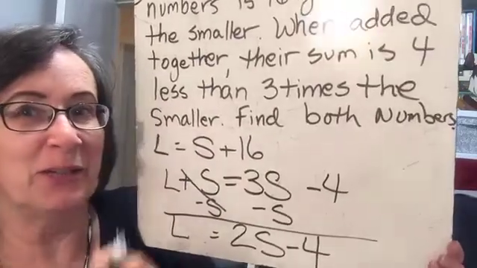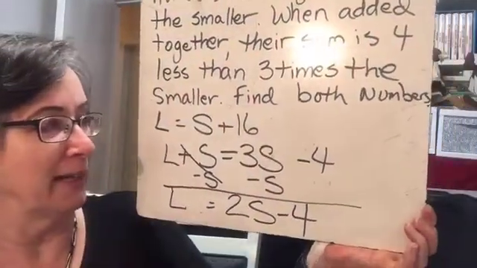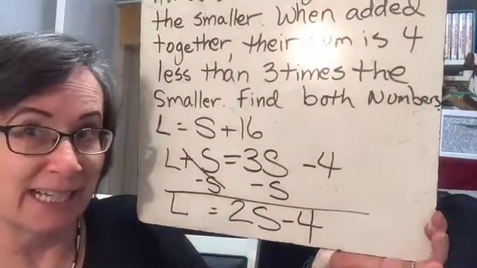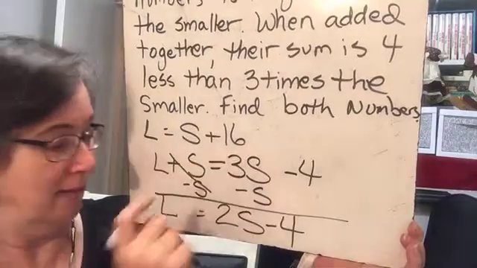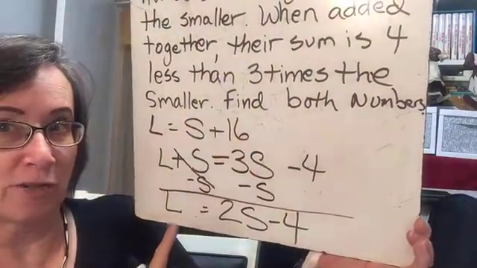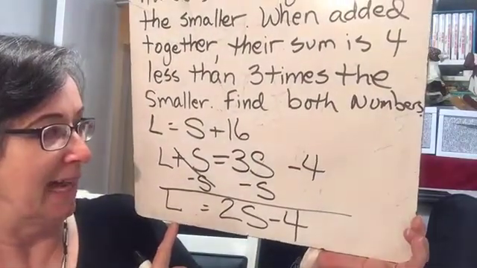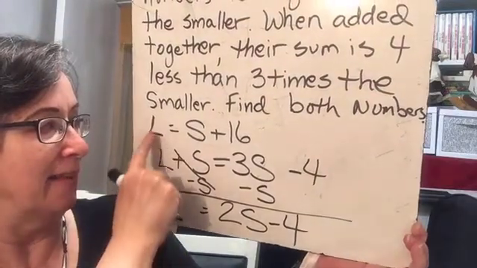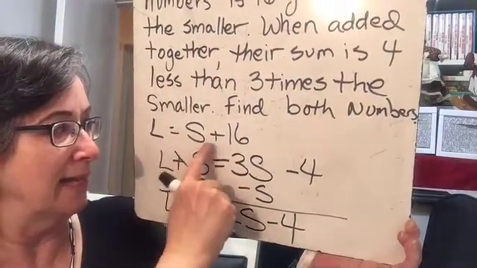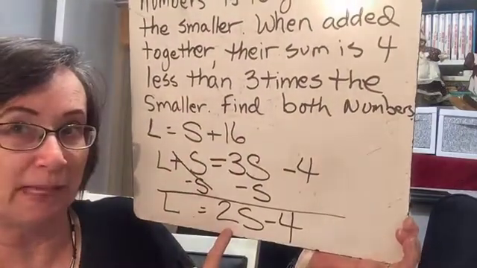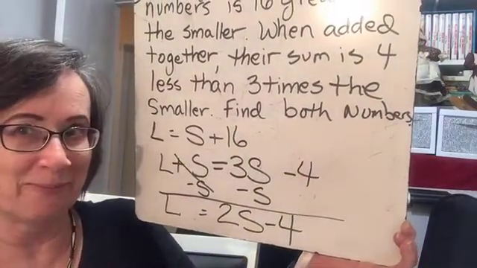Now, I'm going to use a little trick that we haven't done yet today. Since I have an expression for L, and I have another expression for L, can't I set this L equal to that L, which means that this S plus 16 must be equal to 2S minus 4.